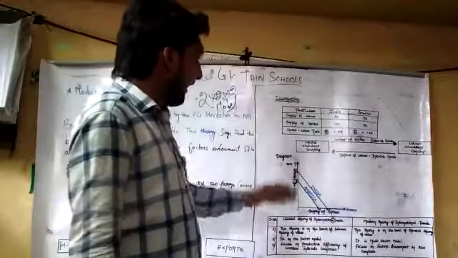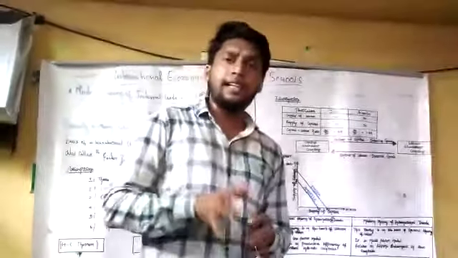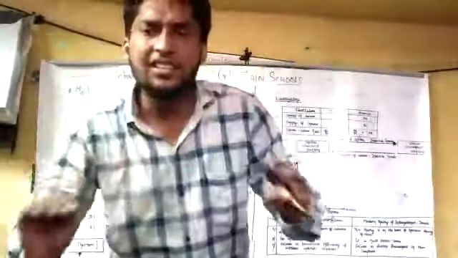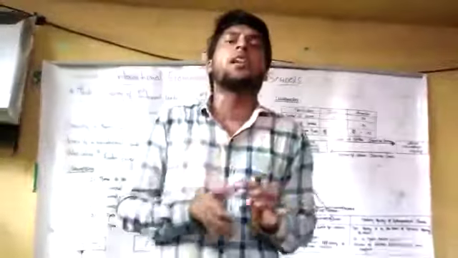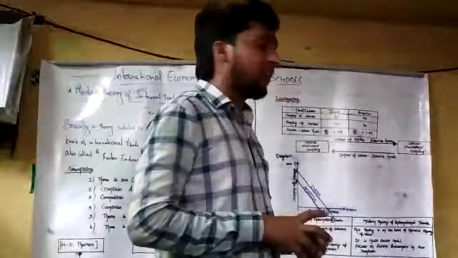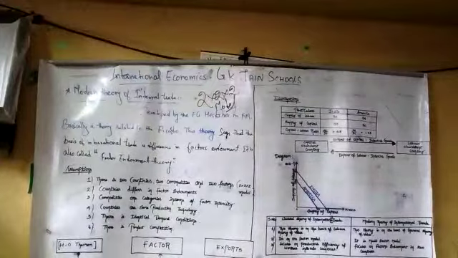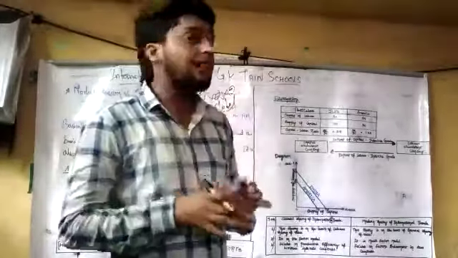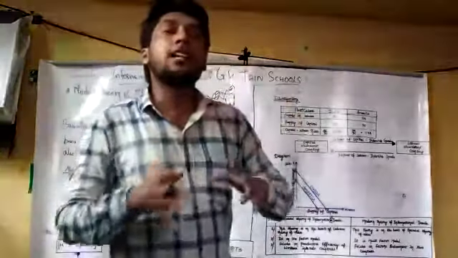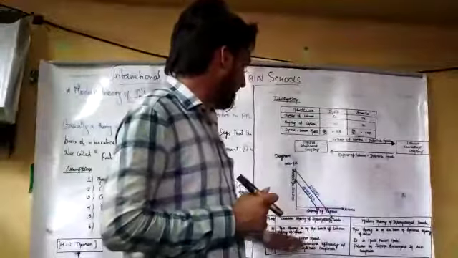The classical theory deals on the basis of labor theory of value. In the classical theory, the entire theory is purely done on the basis of what? Labor. Labor is the only factor that plays a vital role in the classical theory.